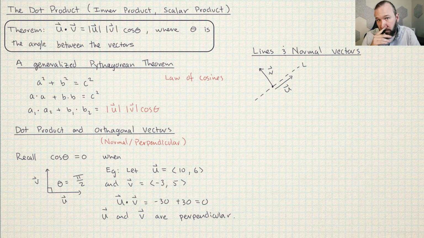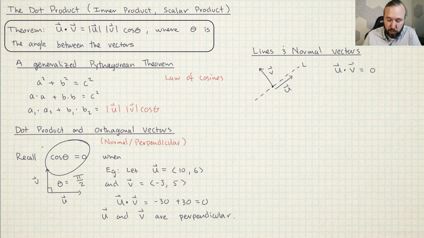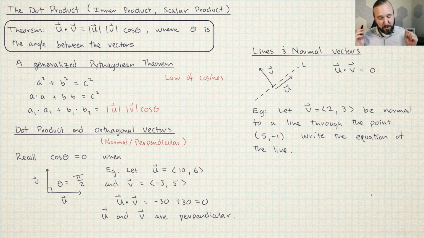So there's just more than one word for that. So you got a line, you got a vector in the line, and then you have a vector that's normal to the line. Then u dot v must equal 0, because of this fact about dot products and perpendicular vectors.